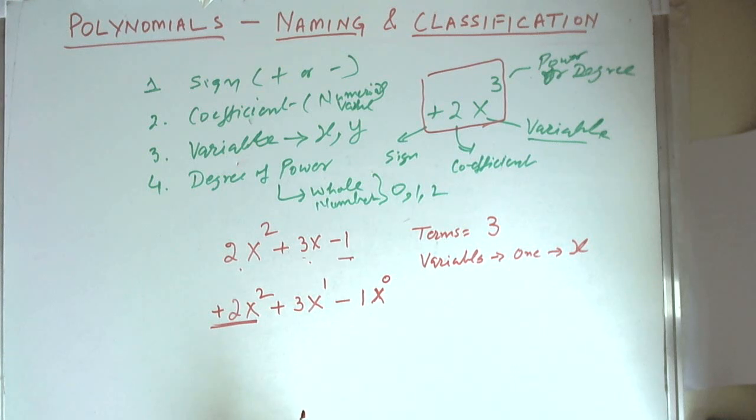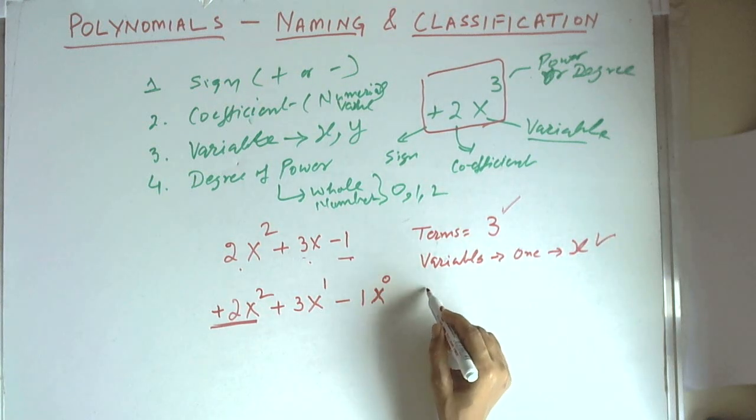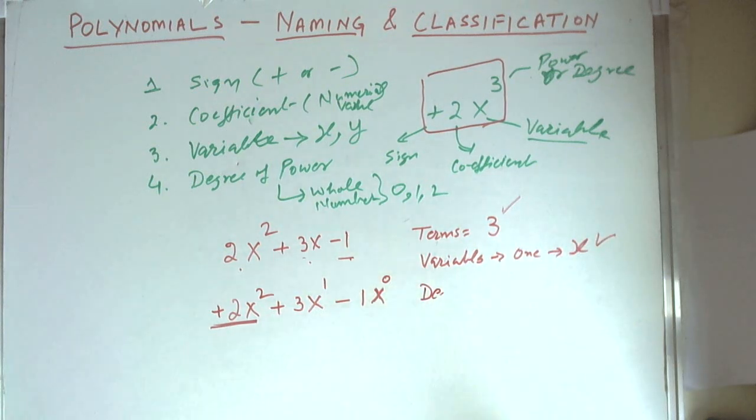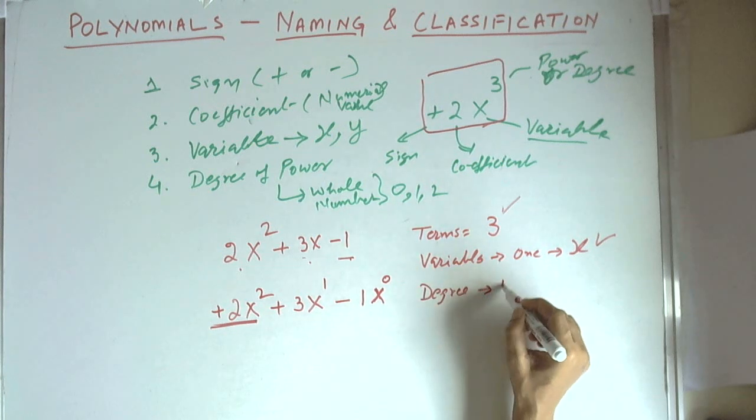And that is the convention also, that for the first term there is no need to write the sign. So when it comes to naming and classifying polynomials, they are classified based on the number of variables and the degree. And what is degree? It is the highest power.